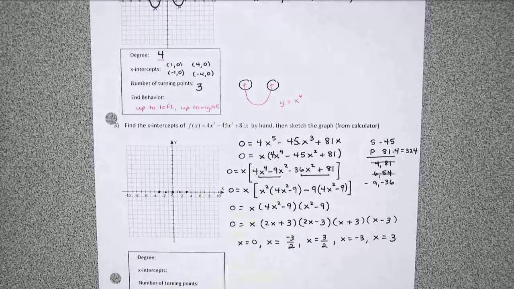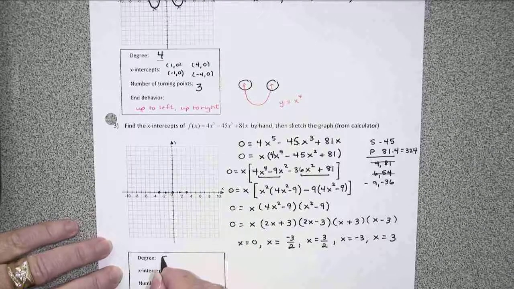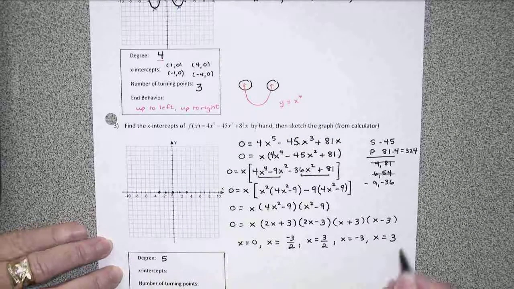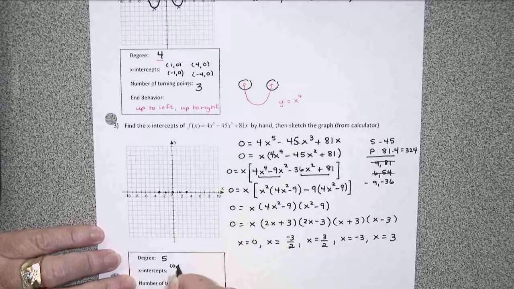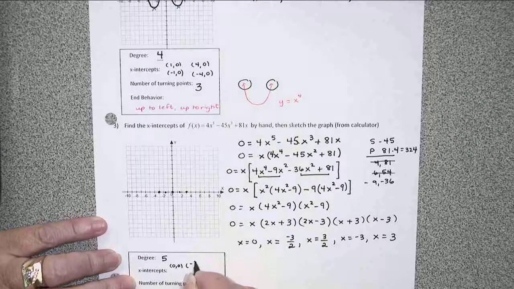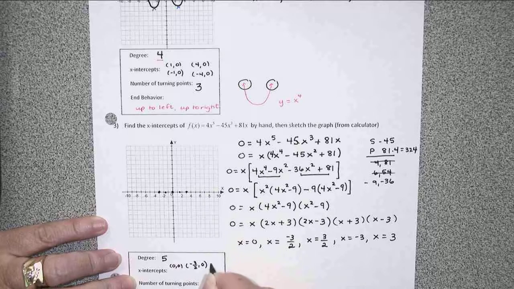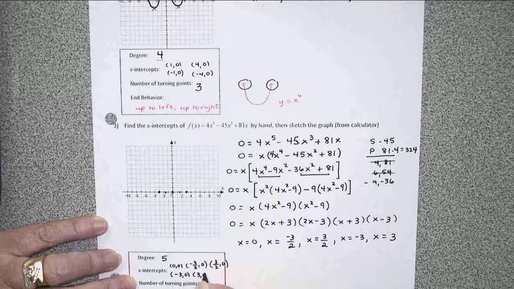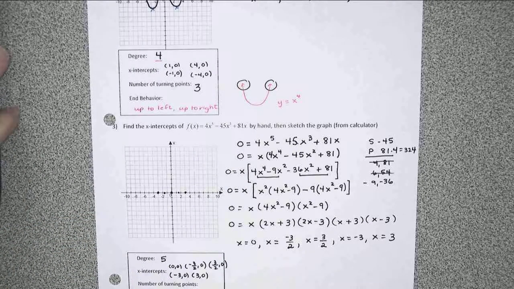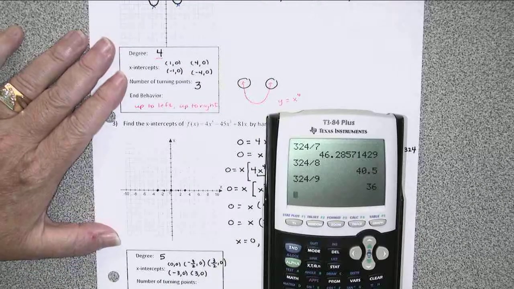All right, so I already knew this was degree 5. I found my 5 x-intercepts. Let me just list them here. And then we'll go to the graph.